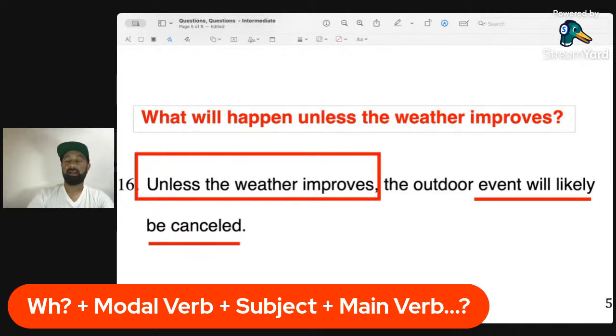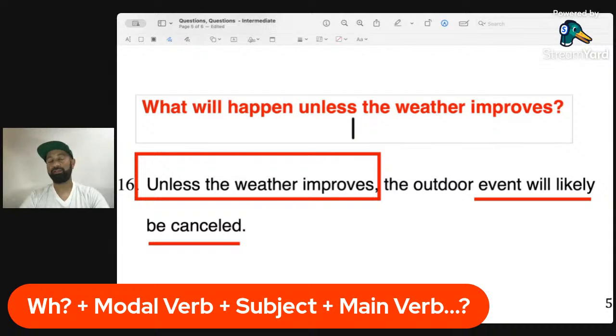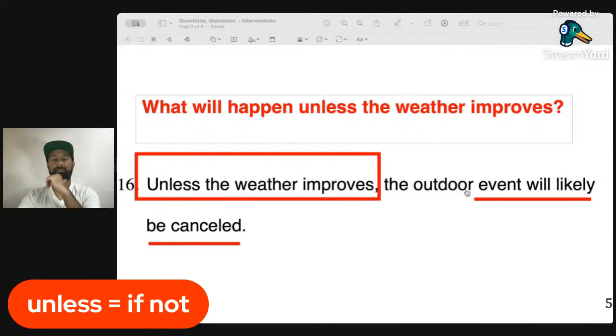Now, I'm going to give you a different question. Instead of using unless, some people might not be sure, right? What is unless? Now, unless basically equals the phrase if not. All right? Unless equals if not.